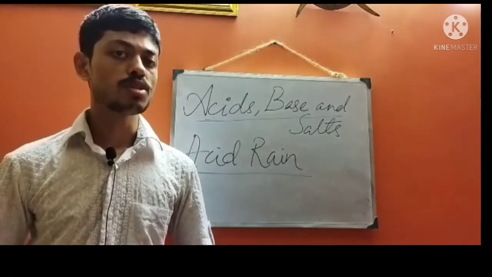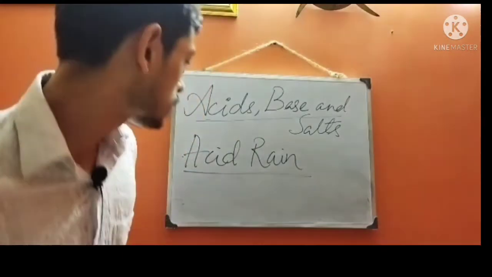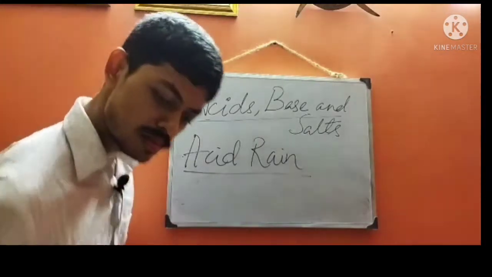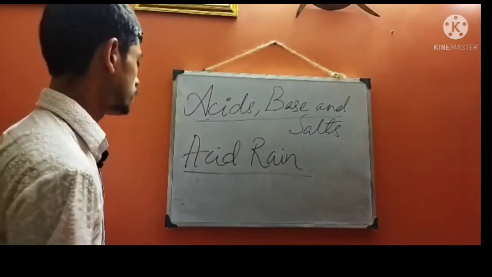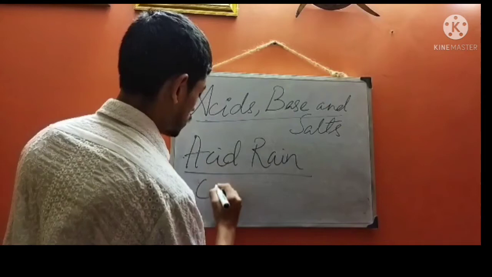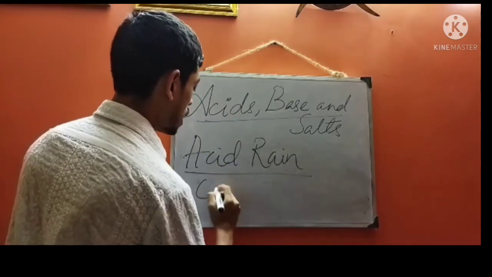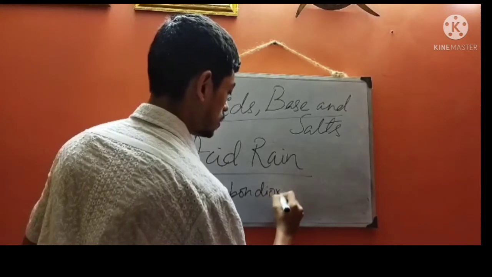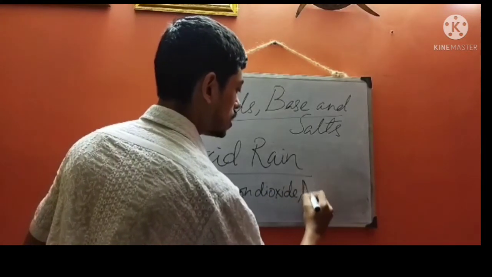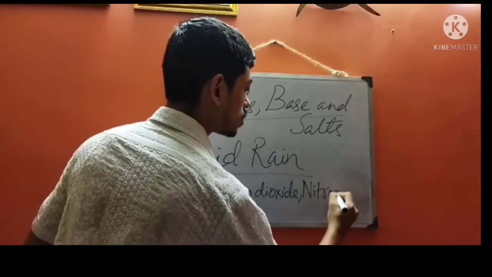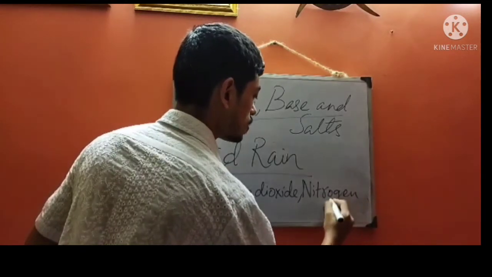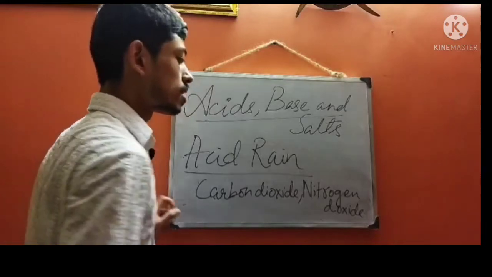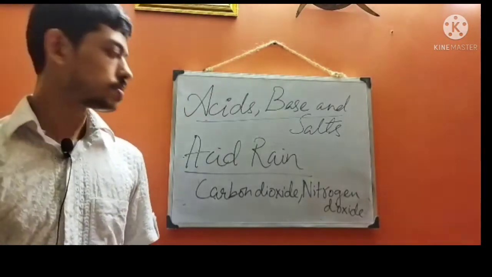This acid comes from gases like carbon dioxide, nitrogen dioxide, and sulfur dioxide.